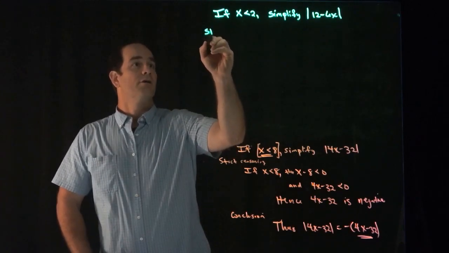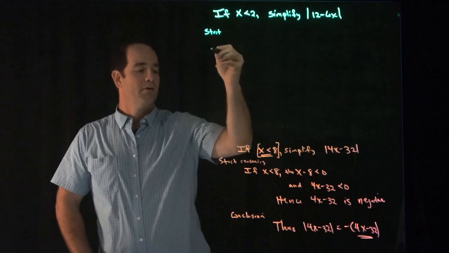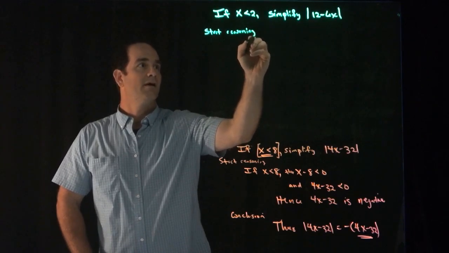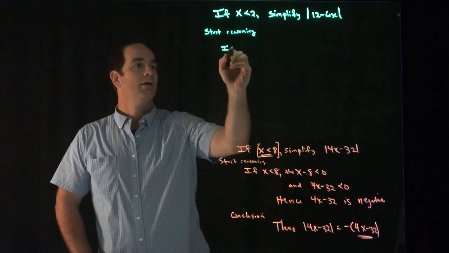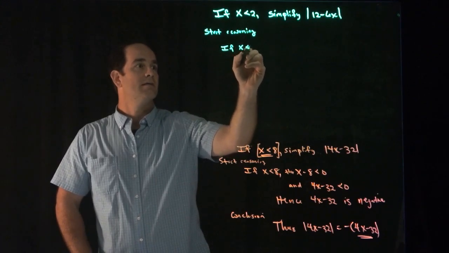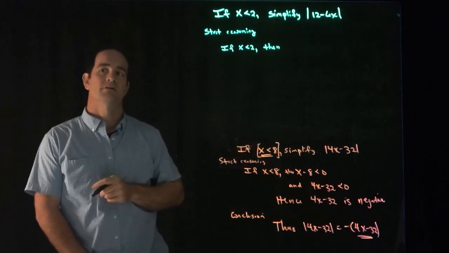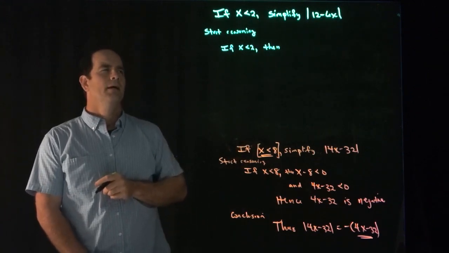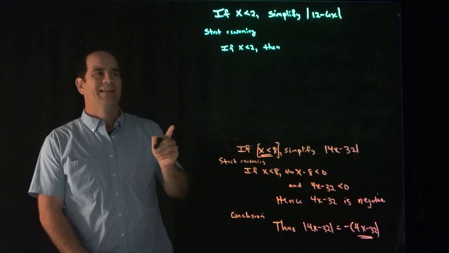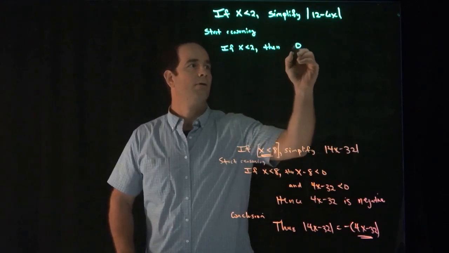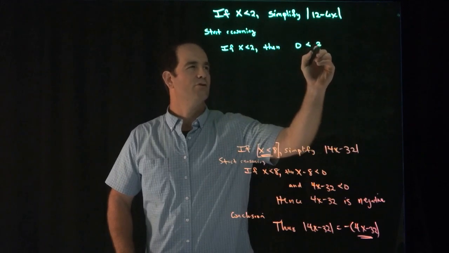So I'm going to start my argument, my reasoning, in the same place I have before. If x is less than 2, I want to get a comparison to 0 in some way. Now instead of moving 2 to the left side, I'm actually going to move x to the right side. Why would I want to do that?